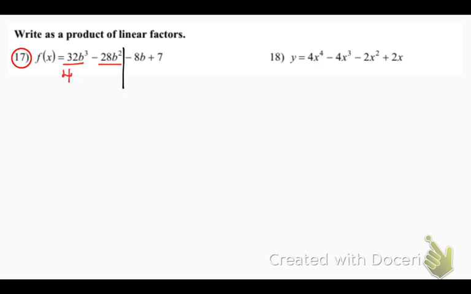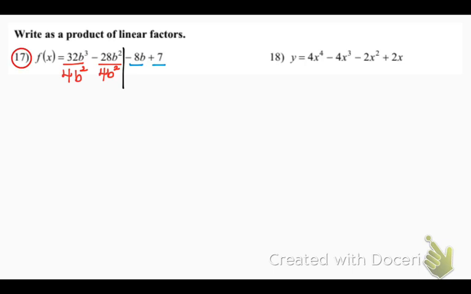Okay, so 4 goes into both, but then I do have a variable term. So I have 3 b's and 2 b's, which means at most I can factor out 2 b's or a b squared. Now on the right-hand side, let's look to see if that one has a GCF. So 7 is a prime number, so its only factors are 7 and 1.